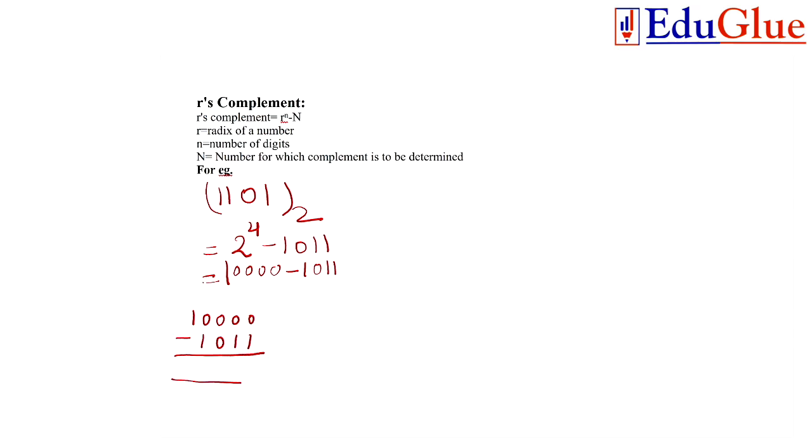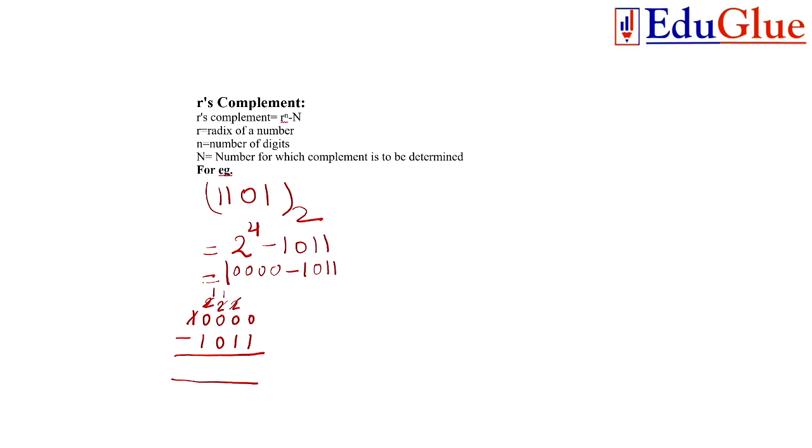As in decimal, if we take a borrow, we add 10. In the same way, in binary, if we take a borrow, we add 2. Since we can't subtract 1 from 0, we will take a borrow. So here it will add 2. Again, I'll take from here. It will add 2. Again, I'll take from here.